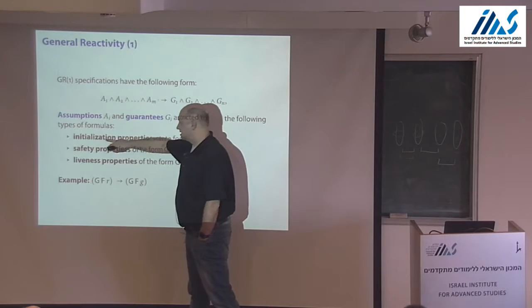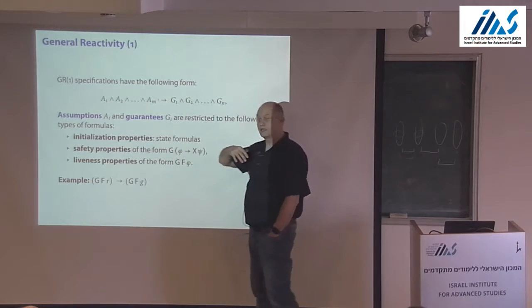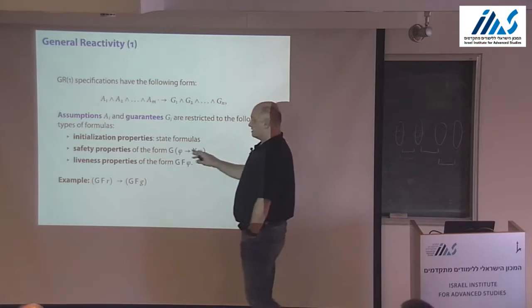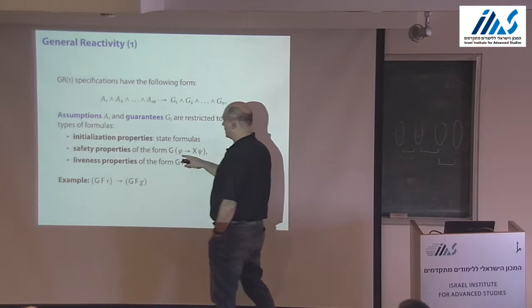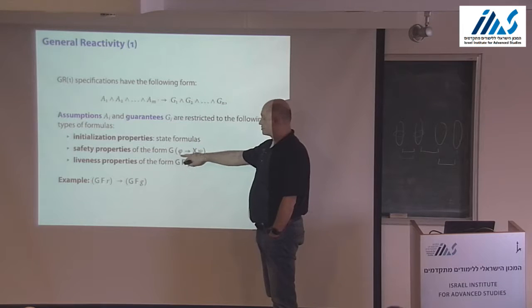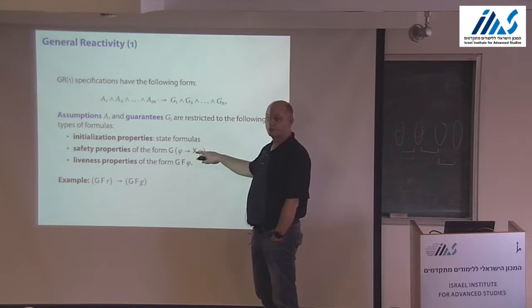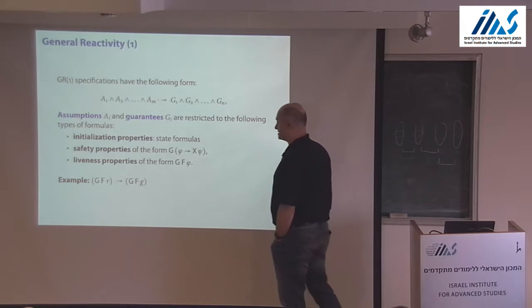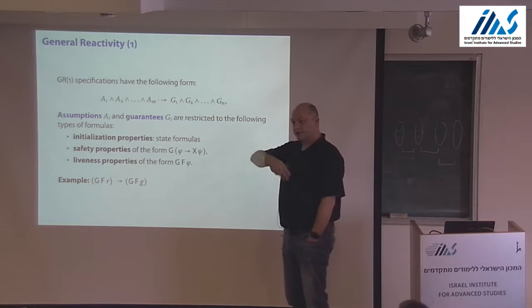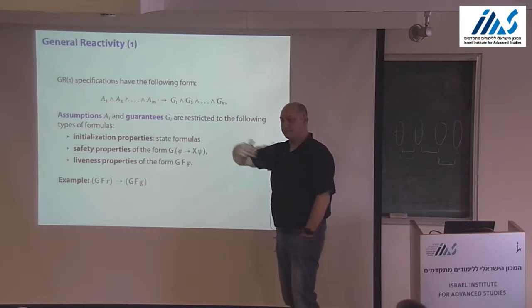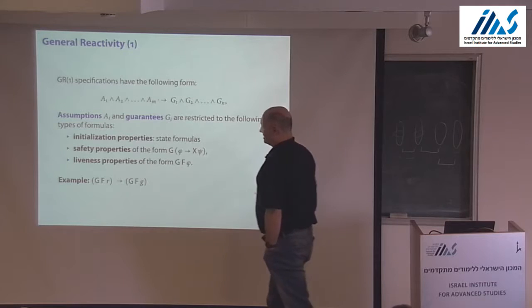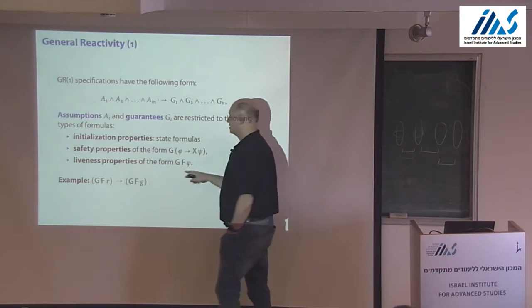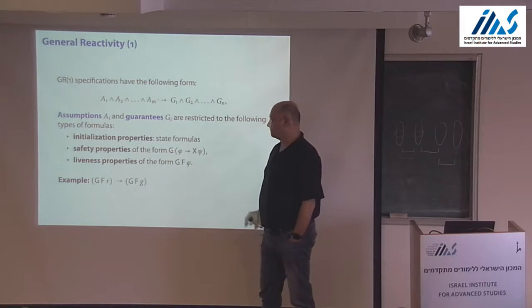It can be initialization properties, that is simply a state formula. Then safety properties of the form that whenever something is true, then something else needs to be true in the next step. So with that, you can describe the state-to-state behavior. And then you have liveness properties of the form infinitely often something.